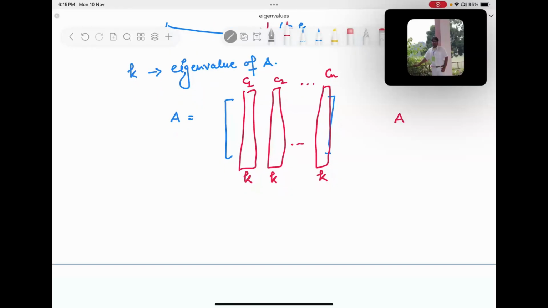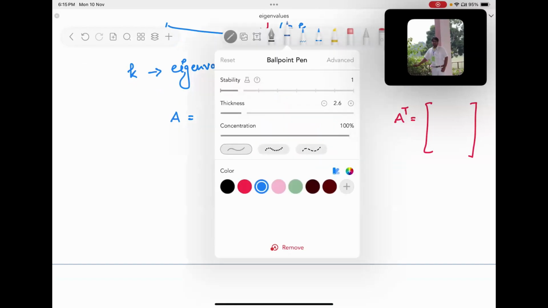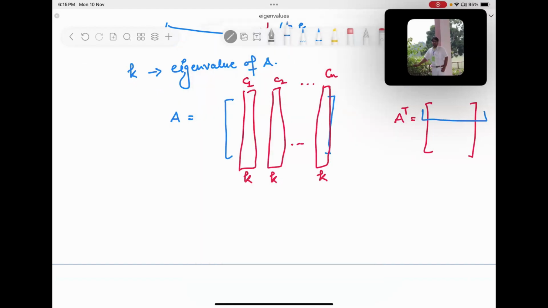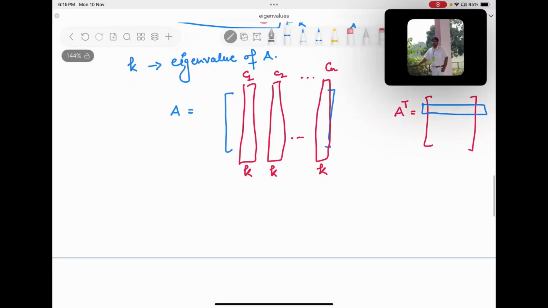If you take A transpose, the columns are converted to rows, so the sum of all rows will be k.